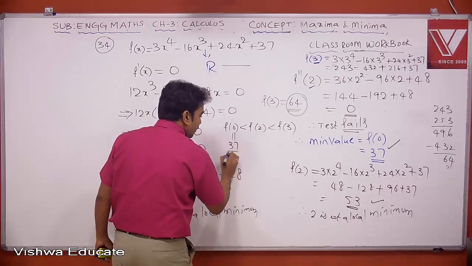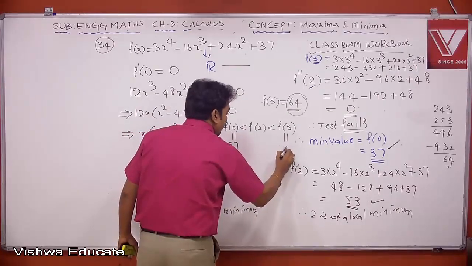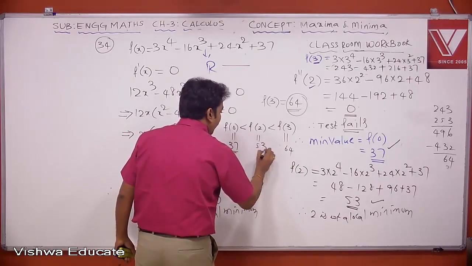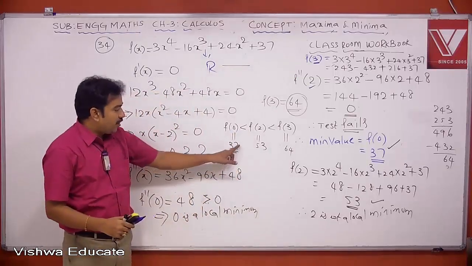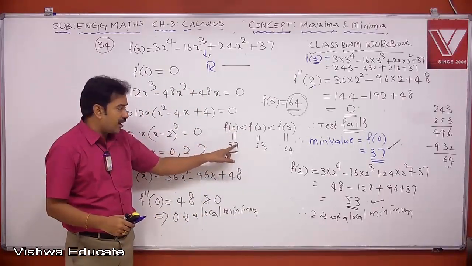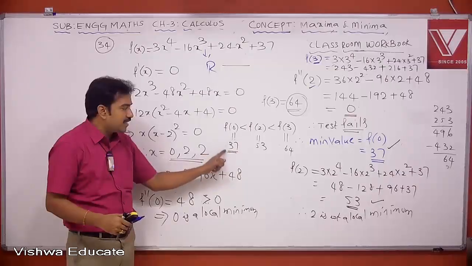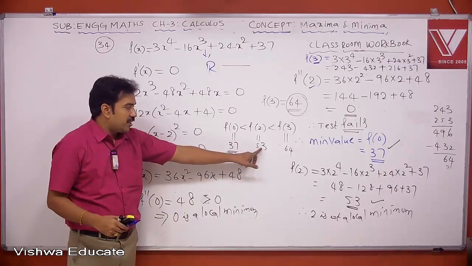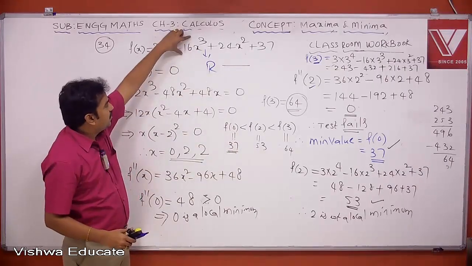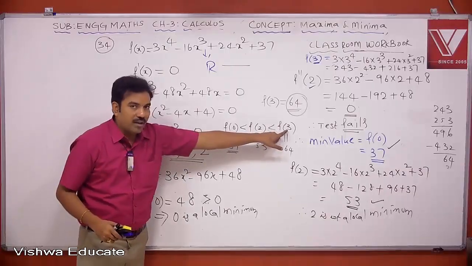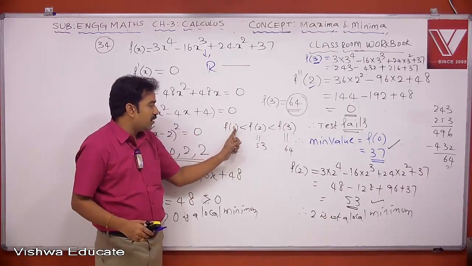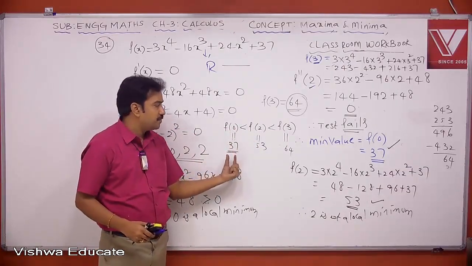This is 37, the minimum value. F of 3 is 64 and this value is 53. That means this fellow is the topper of the class and the least mark in the class is 37. Inside this class the students are 0, 2, 3. So 0 is a local minimum and that fellow's marks are 37.